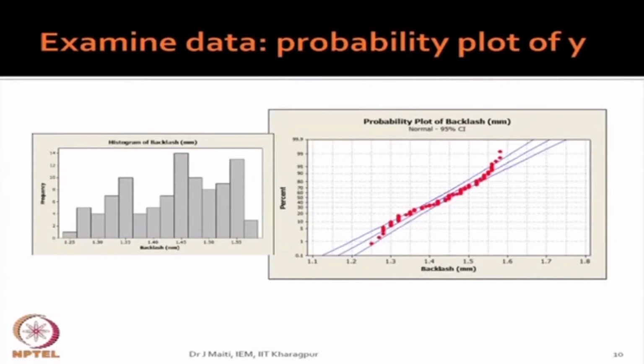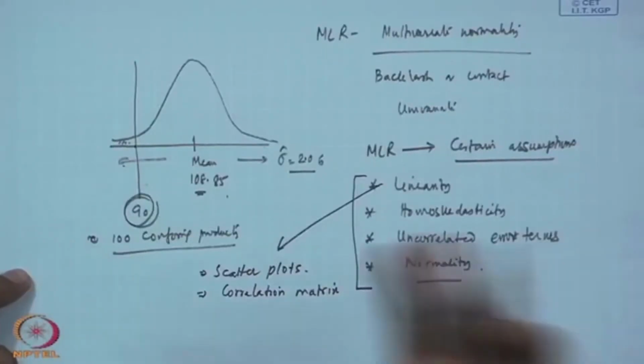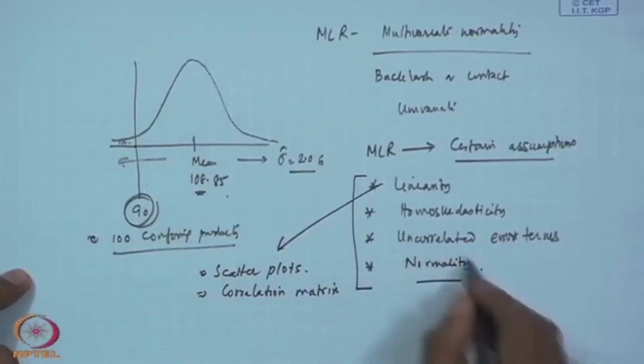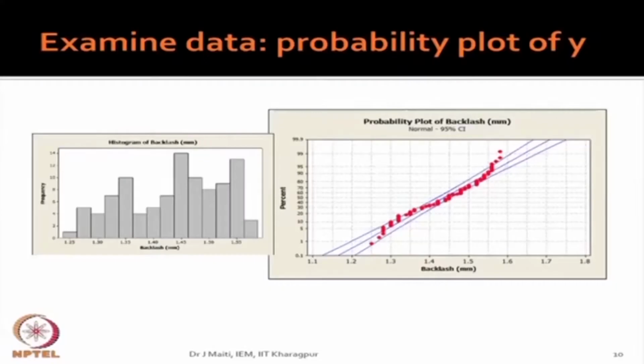So, what have we tested then? We have tested that a linear relationship is there, and we can go for multiple linear regression, but we also want to examine, from the raw data, the normality of the y variable. If you know how to go for normality, there are different approaches: the PP plot, that is the probability plot, the histogram, and the quantile plot. So, there are many plots. Now you see this PP plot here.